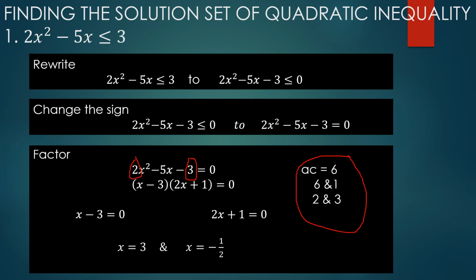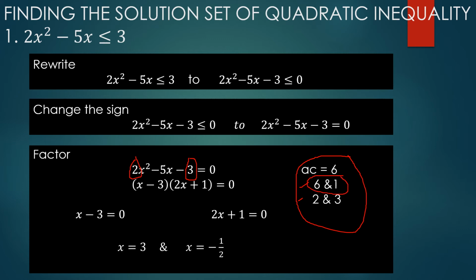I-multiply lang natin yung dalawa, so magiging 6. Ipa-factor natin yung 6, meron tayong dalawang possible answer, 6 and 1, and 2 and 3. Hahanapin lang natin kung saan, pag i-minus natin, magiging 5. Kasi minus yung nasa negative 3. So, yung sagot mo dyan is 6 and 1.